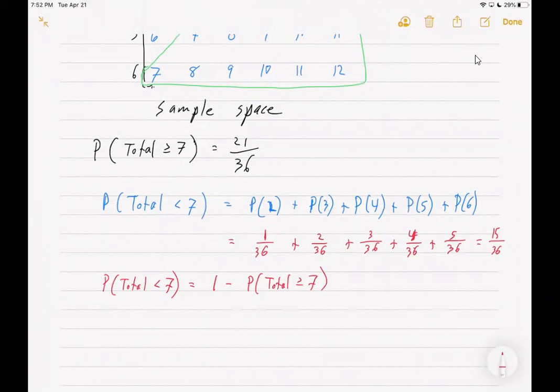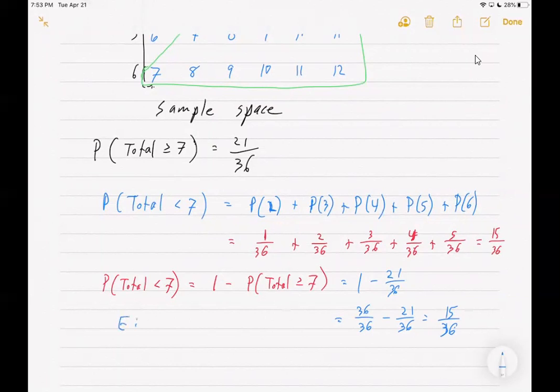So if we already know the probability of getting greater or equal to 7, I could simply have taken 1 minus the answer that we already knew, which was 21/36. And hopefully you know it's easiest if you make that 1 into 36 out of 36 and just subtract the fractions and get 15/36.